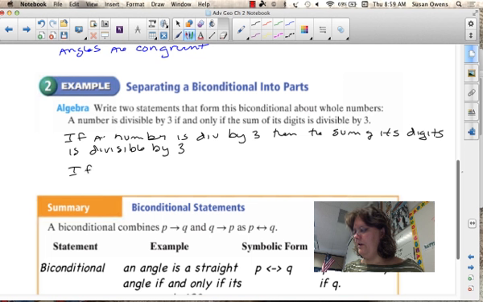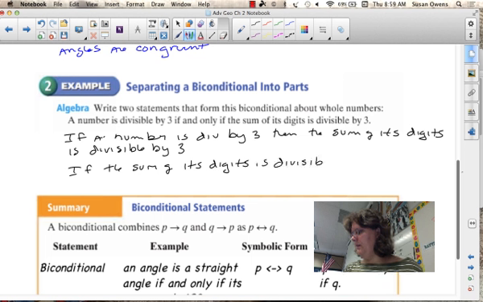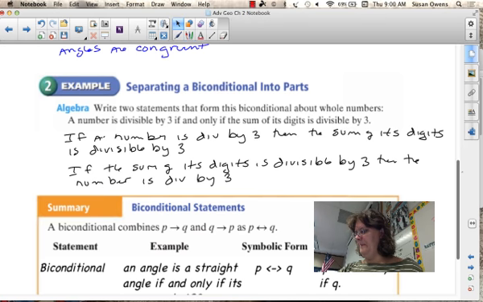If the sum of its digits is divisible by 3, then the number is divisible by 3. Okay.